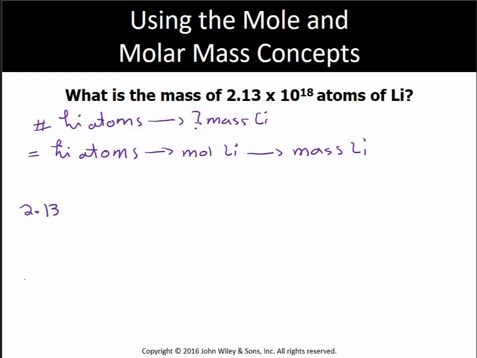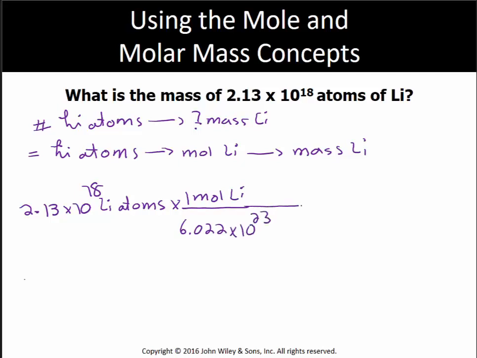So starting with 2.13 times 10 to the 18 lithium atoms. To convert between the number of atoms and number of moles, we use Avogadro's number. Each mole of lithium contains Avogadro's number of lithium atoms. So they cancel out.